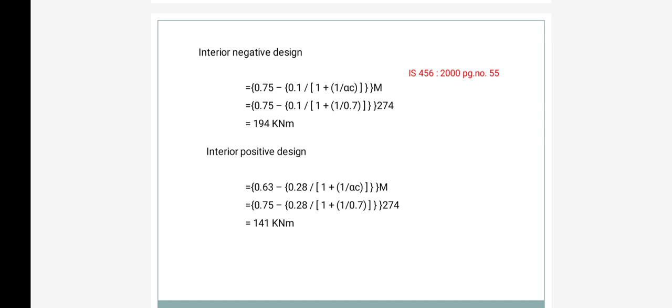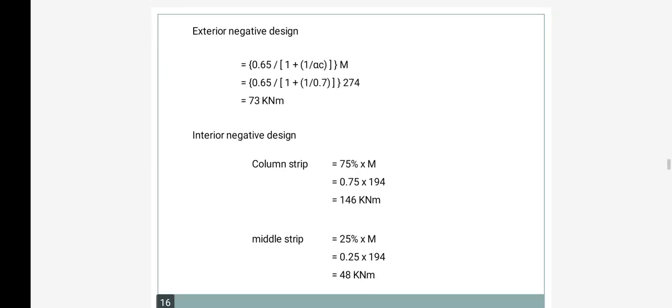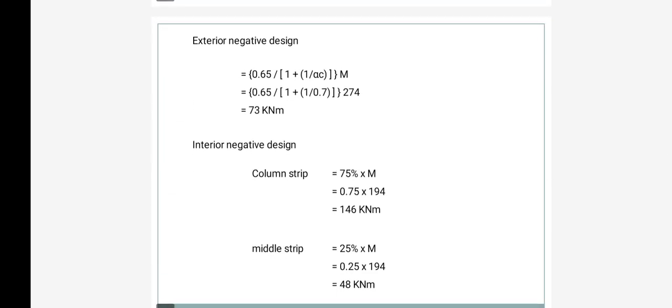The interior positive design is equal to 0.63 minus 0.23 divided by 1 plus 1 divided by alpha C, into M. The interior positive design value is 141 kilonewton meter. Then exterior negative design is equal to 0.65 divided by 1 plus 1 divided by alpha C, into M. So the exterior negative design answer is 73 kilonewton meter.